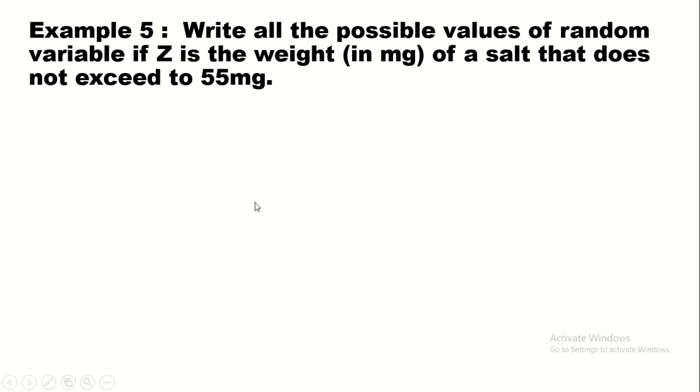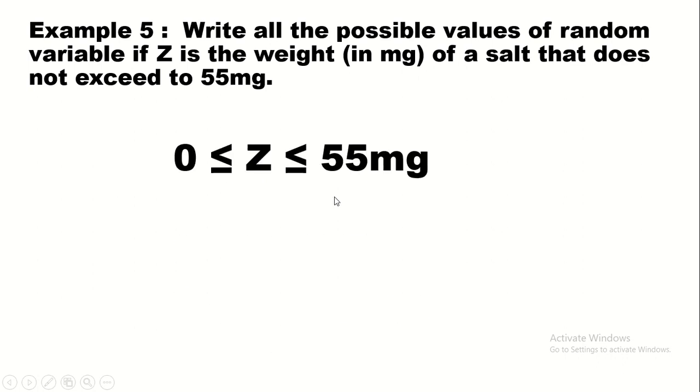Paano natin isulat ang random variable z? So, ang random variable z daw, dapat greater than siya kay 0 or equal. So, 0 is less than or equal kay z, yung laman ng salt sa bote kasi hindi nga natin alam kung ilang milligram. Pero ang laman na asin sa bote, it should be less than or equal to 55 milligram. Okay? So, ganito i-represent natin ang ating problem or example number 5.